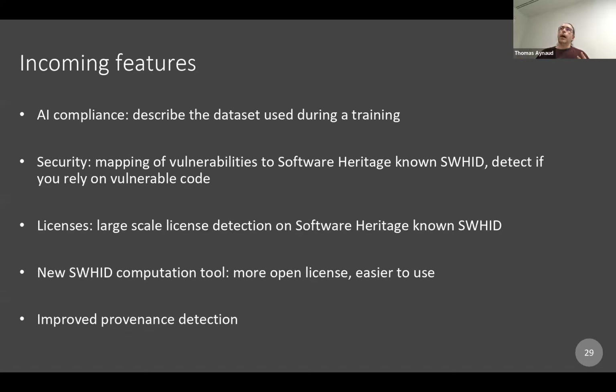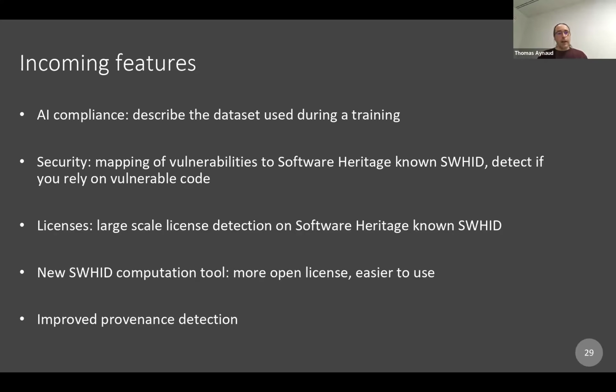So the pitch will be, please, Software Heritage, give me 500K files in Python, Golang, C++, updated in the last 3 years with no known vulnerability, used in the field of astrophysics, in this pool of licenses, for instance. And what we want is for people who use this dataset to describe it using the list of the SWHIDs that they used during the training. The list of the SWHIDs will be a small dataset which enables them to describe very precisely what they used during the training.